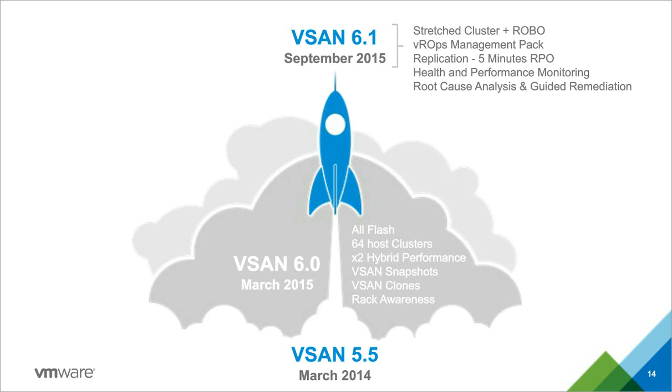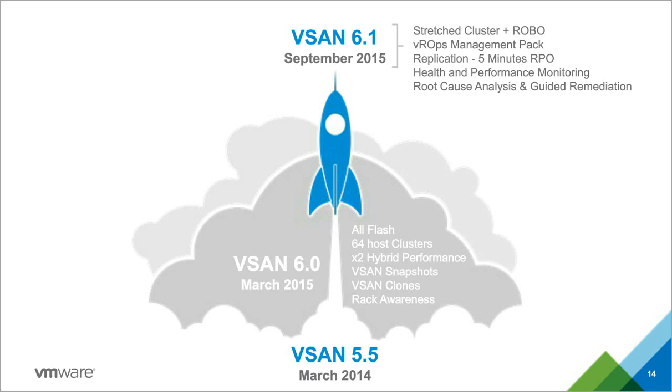We had 64 host limit. We extended performance. Snapshots in 6.0, we moved away from the traditional snapshotting system. So if you've ever heard the traditional tribal knowledge of don't leave a VMware snap open for 48 or more hours or 24 hours, with vSAN starting at 6.0, we have a type of redirect write system so that you can leave snapshots open and you're only looking at a couple % performance impact.